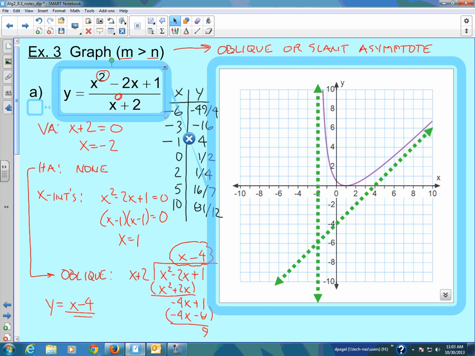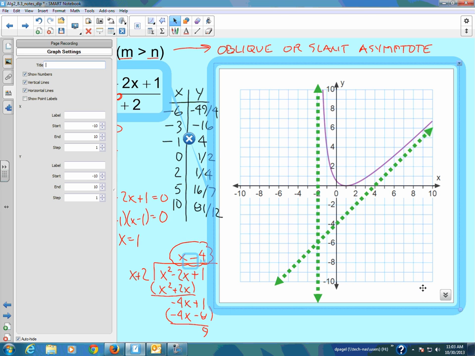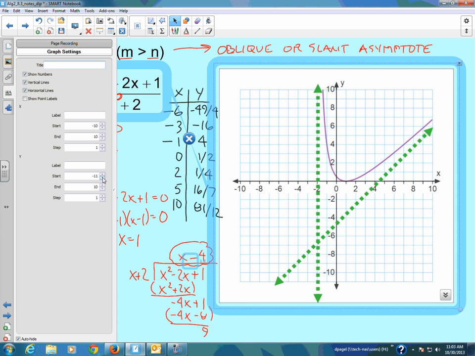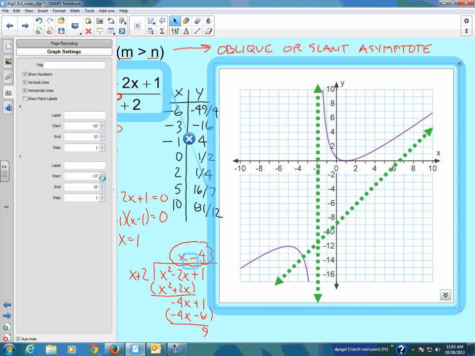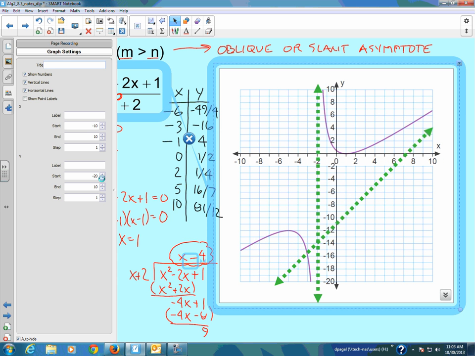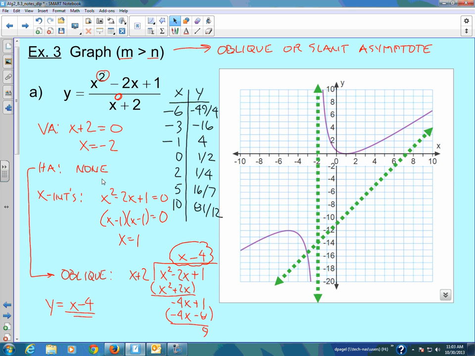So let's adjust our properties on this. Let's make our y values a little smaller. Let's get down here, maybe we'll go to 20. There we go. And when I did that, I messed up my stuff here, so I'm going to have to adjust my scale a little bit.